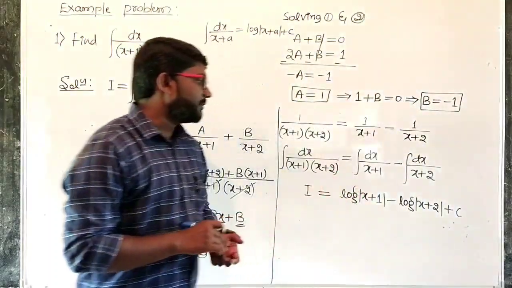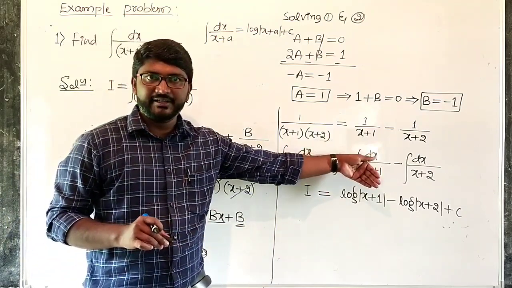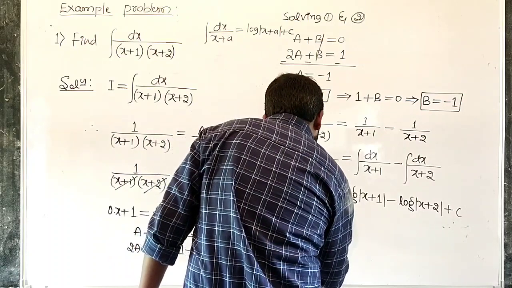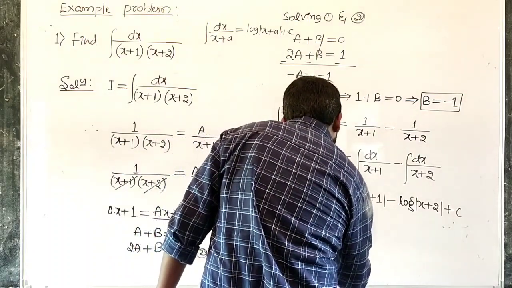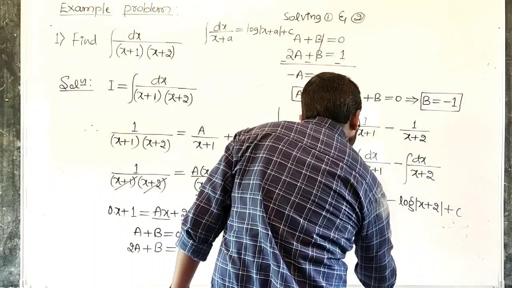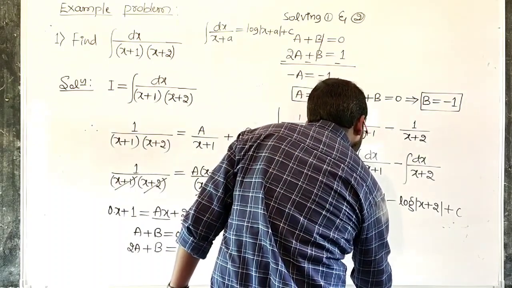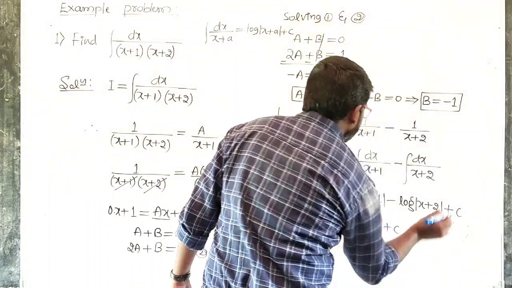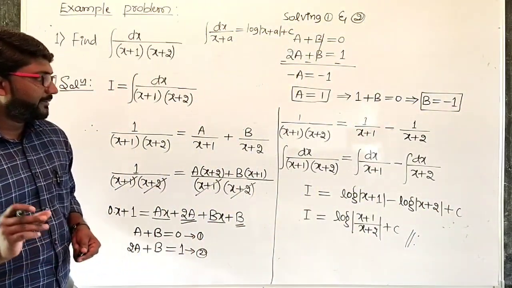Now this is in the form of log x minus log y, which can be written as log x by y. So this can be simplified further: log mod (x plus 1) divided by (x plus 2), plus c. So this is the answer for the first example problem.